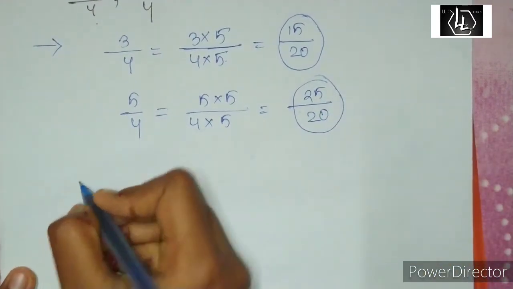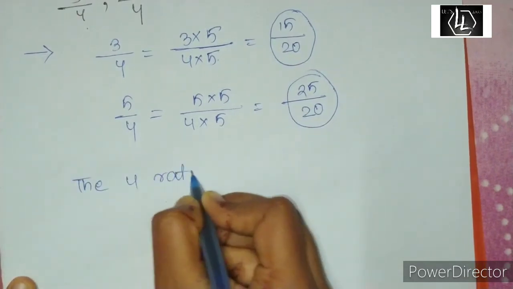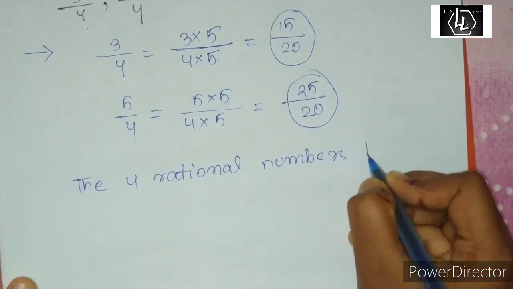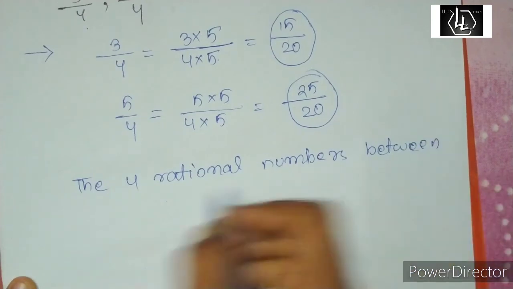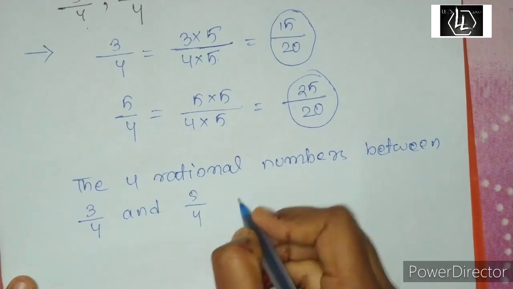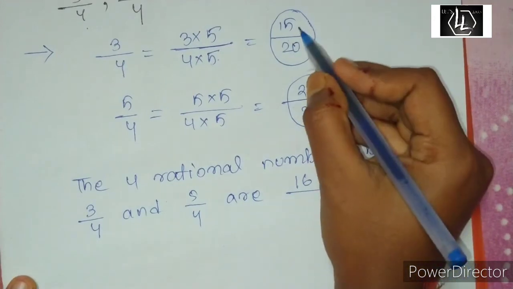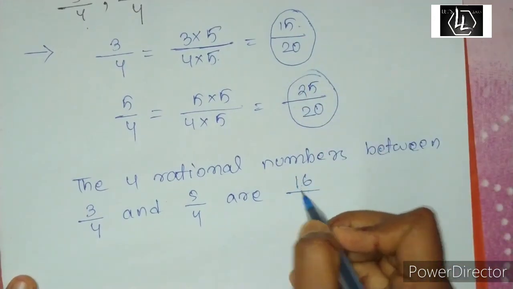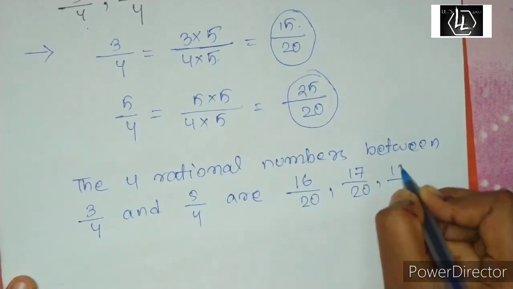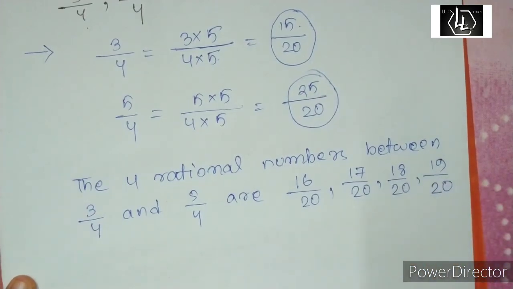So we can write the 4 rational numbers between 3 by 4 and 5 by 4 are, it starts from 16, here it is 15 and it starts from 16, 16 by 20, 17 by 20, 18 by 20 and 19 by 20.